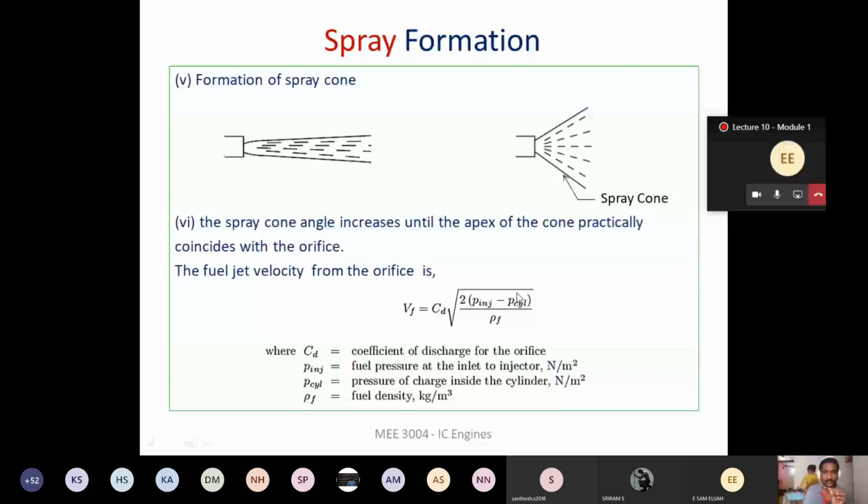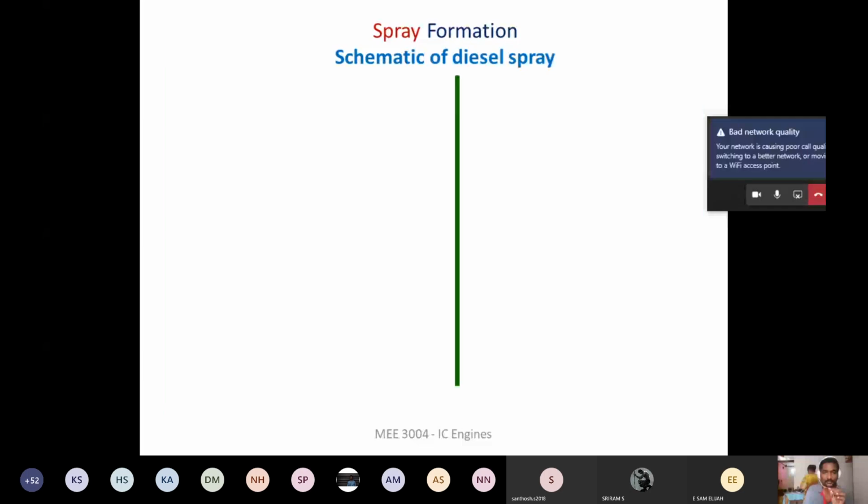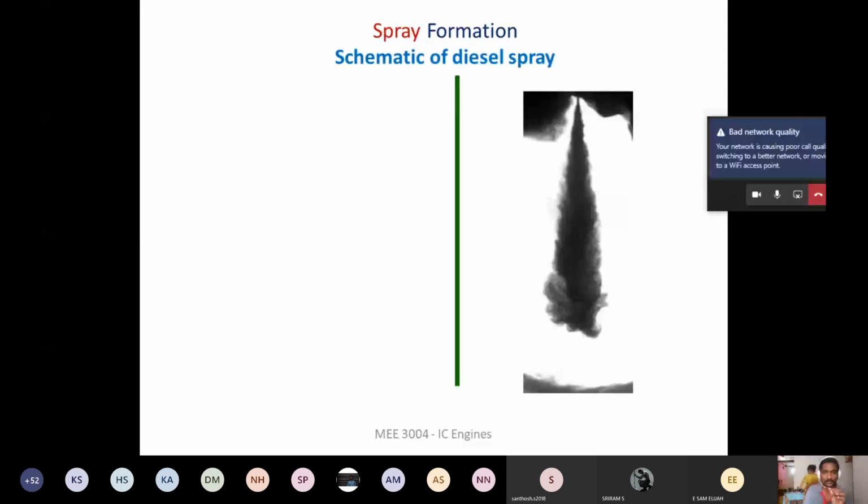Okay. So coming to the schematic diagram of the diesel spray. Here you can see the fuel that is getting sprayed from the fuel injector, and this is what we call the spray cone, or the diesel spray. Now in detail, if you see within this, this is a complete diagram.